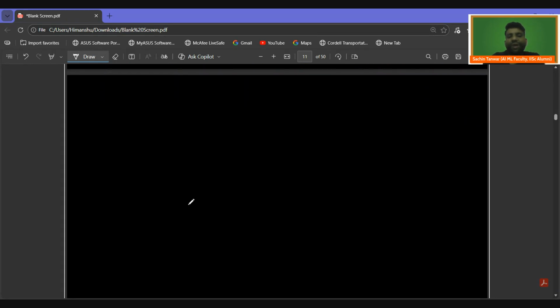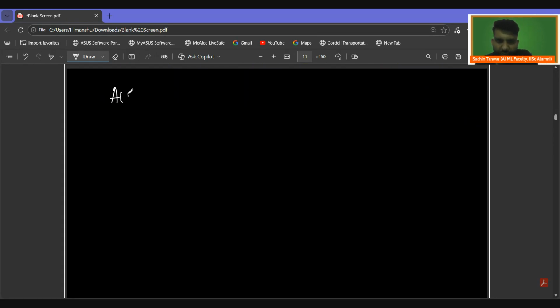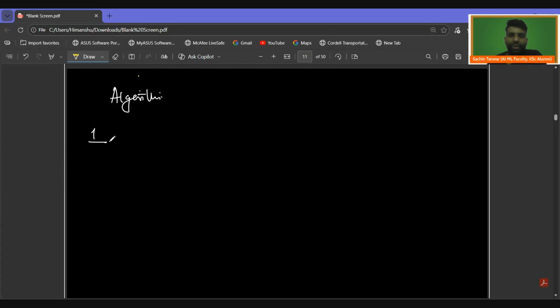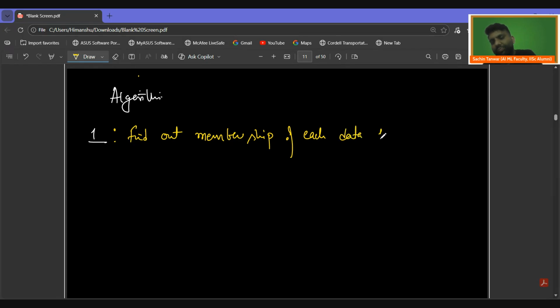Now within the training algorithm, the first step is to find out the membership of each data point to the initialized cluster centers.